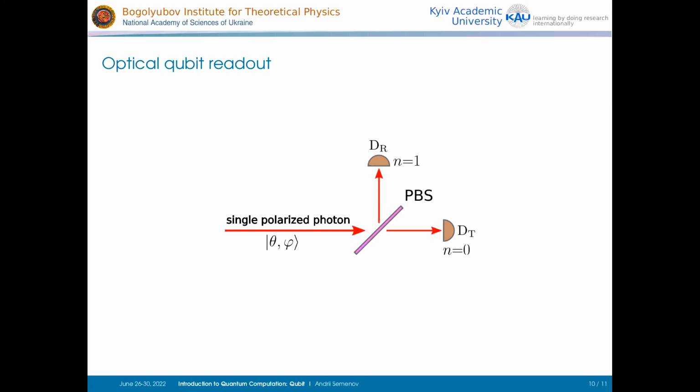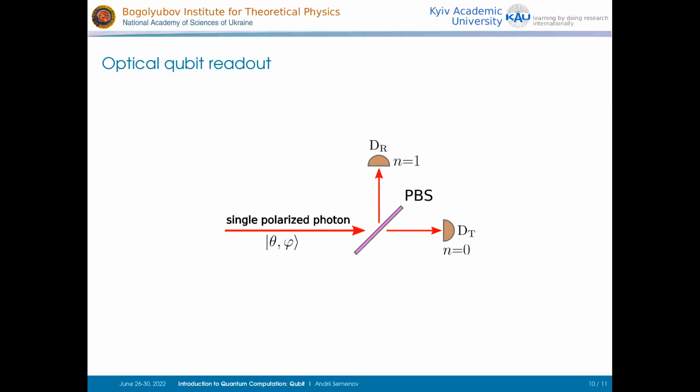Maybe you know, maybe not, that the electromagnetic field can be polarized. This means that the electric field oscillates, but is directed in, for example, one direction, in the vertical direction, or in the horizontal direction. This property is called polarization of the electromagnetic field. The quantum particle which corresponds to the electromagnetic field is called a photon. And a photon itself can be polarized.